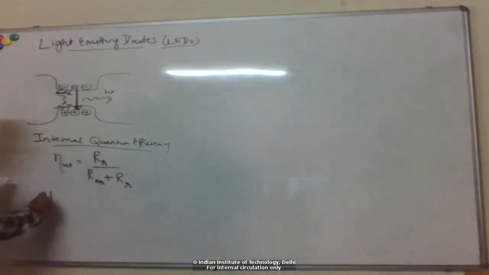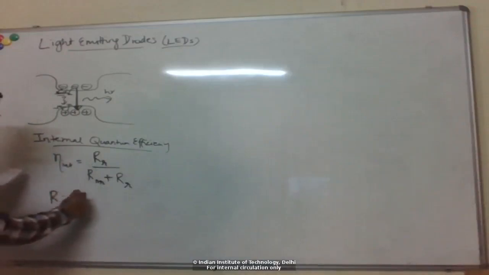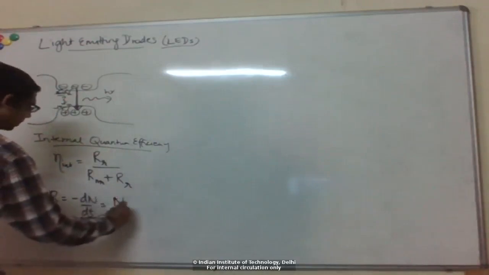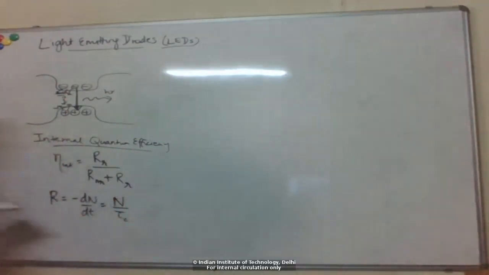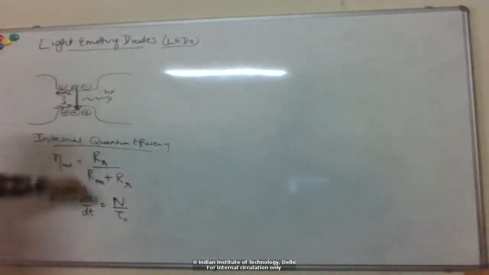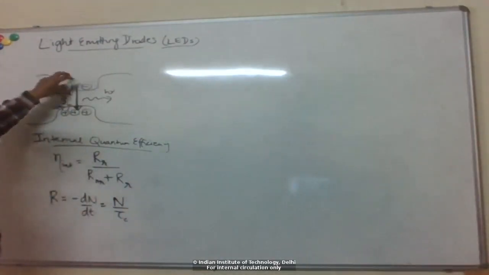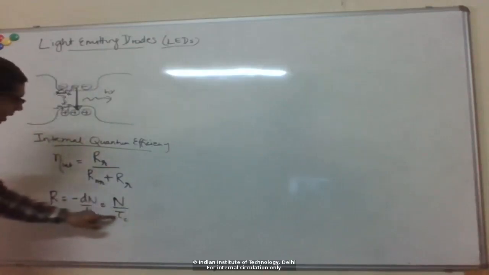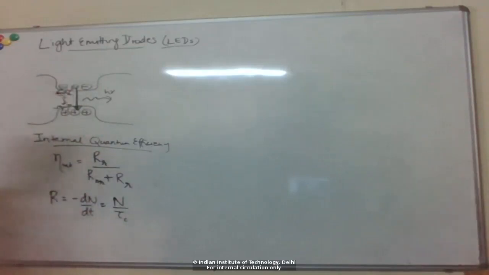This R is the rate at which the carriers recombine. If N is the carrier concentration in the active region, the rate at which this carrier concentration is decreasing due to recombination is R. This can be modeled by a simple expression where the charge carriers stay for some finite amount of time, called the charge carrier lifetime, tau sub c, before they recombine.